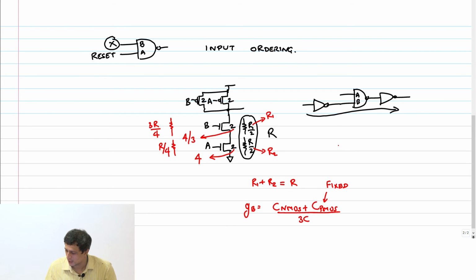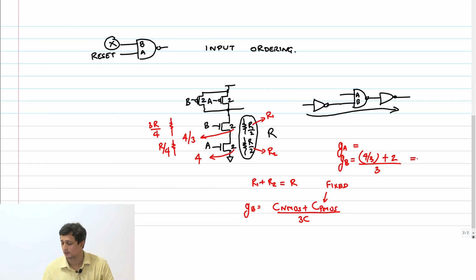So what is the logical effort of the two inputs now? GA and GB. What is GB first? What's the NMOS capacitance? 4 by 3. 4 by 3 plus 2 divided by 3.